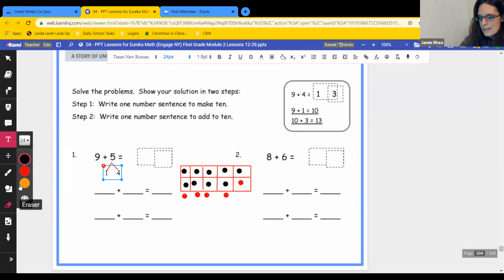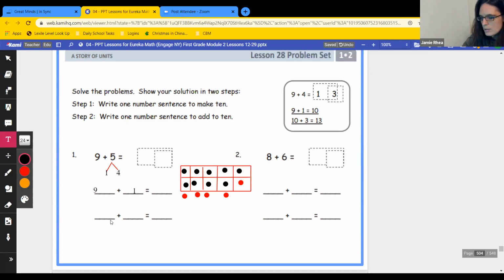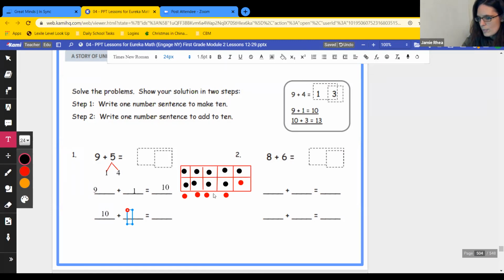Now I can say 9 plus 1. We have 9 plus 1 equals 10. Because here's 9 plus 1 more that filled up our 10 frame equals 10. Then I'm going to say 10 plus, how many were outside our frame, or how many do we have left over? 4 equals 14.